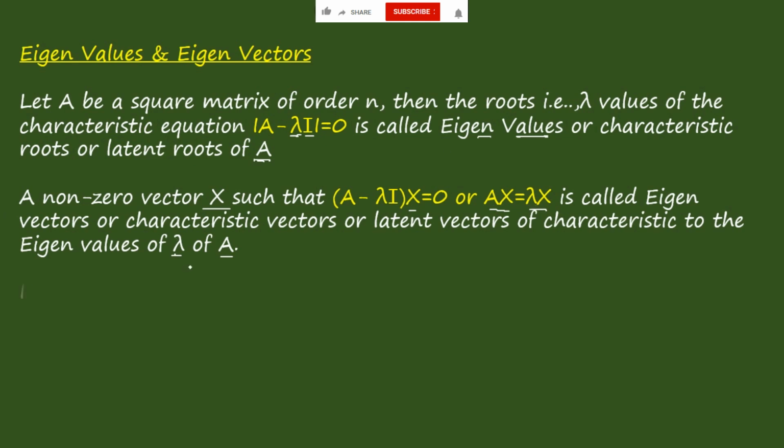One more thing you have to know is that the determinant of A minus lambda I is the characteristic polynomial. Let's take one problem for better understanding.